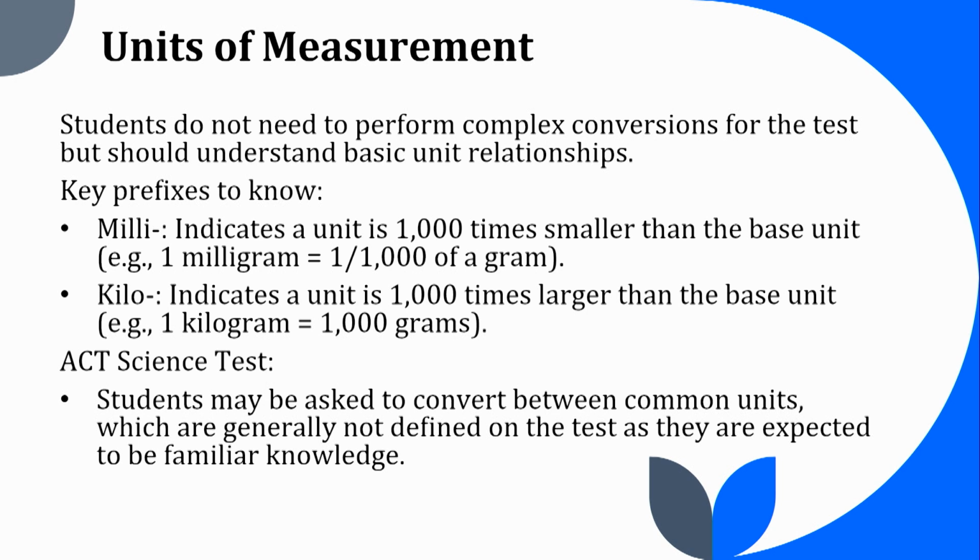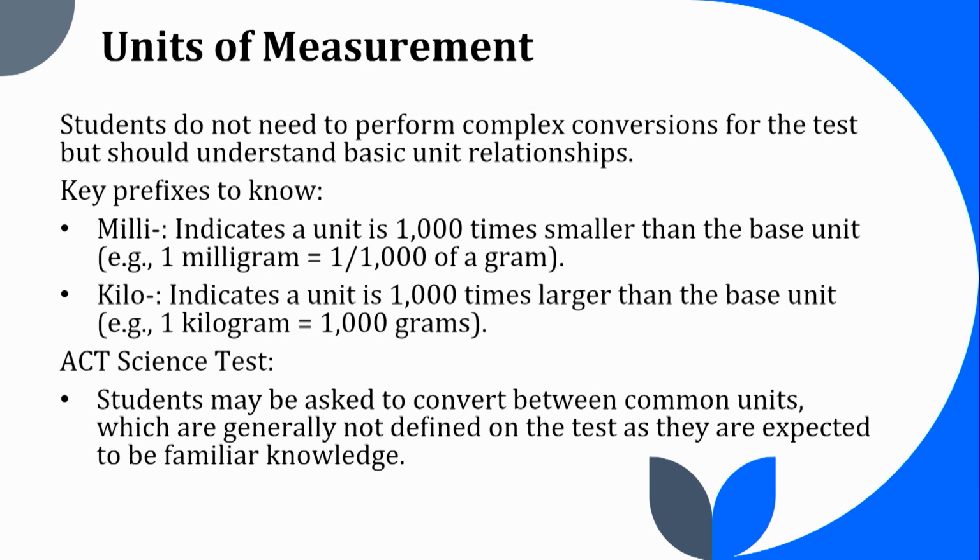Milli, as in milligrams, indicates a unit that is 1,000 times smaller than the base unit. So 1 milligram is 1/1000th of a gram. Kilo is the opposite. Kilo indicates a unit that is 1,000 times larger than the base unit. So for example, 1 kilogram would represent 1,000 grams.